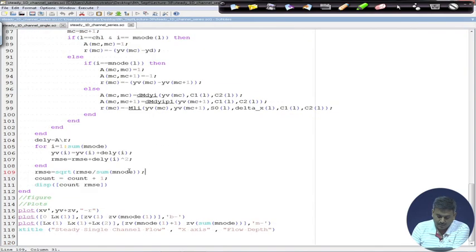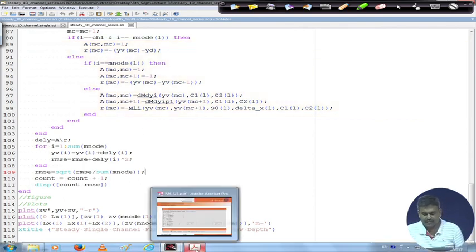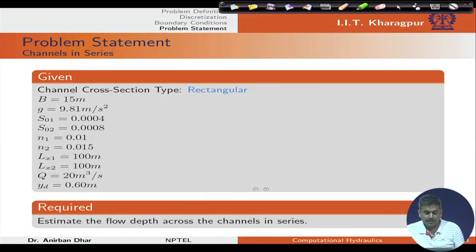Now, we have a framework in place where we can utilize the constant discharge values and maybe upstream or downstream boundary condition, depending on the flow situation. We can get the corresponding flow profile there.